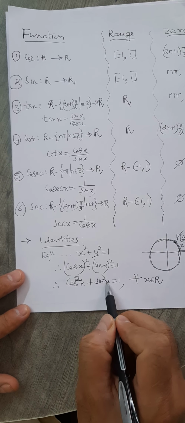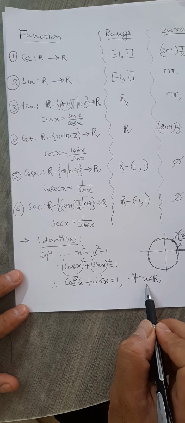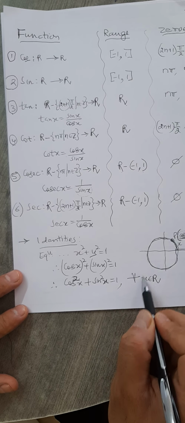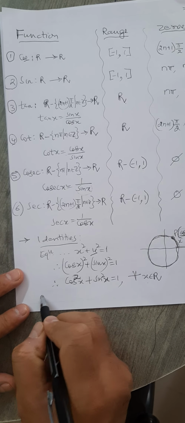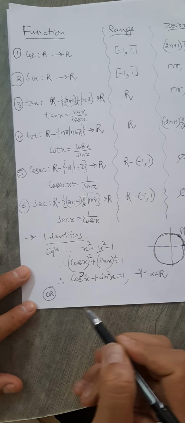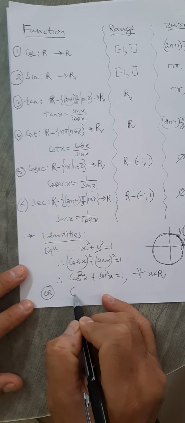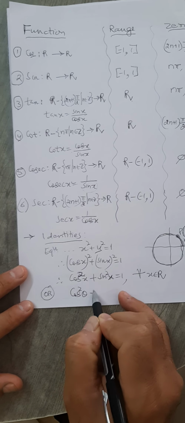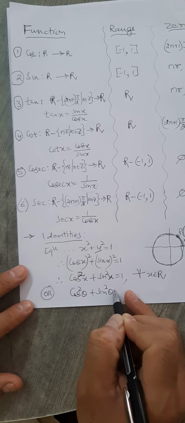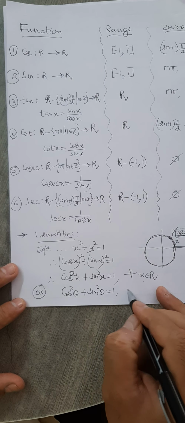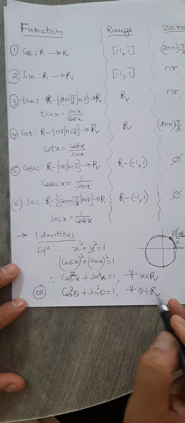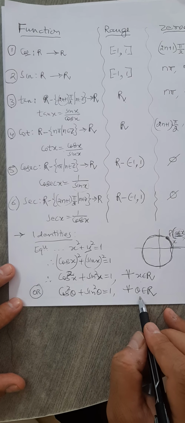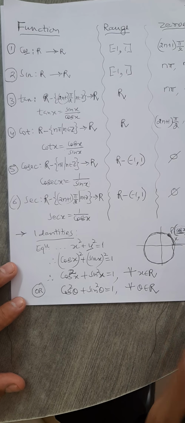Right? This is arc length. For every real number x, this is called angle or arc length. You can write theta also, as you might have used earlier. So you can write cos square theta plus sine square theta equals 1. For every theta belongs to real numbers, remember, where theta is called arc length, as we have discussed in the beginning.